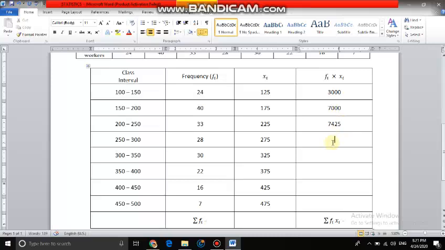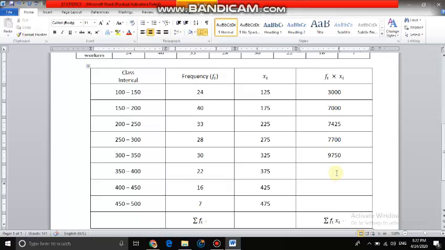Then 28 into 275 is 7700. Then 30 into 325 is 9750.